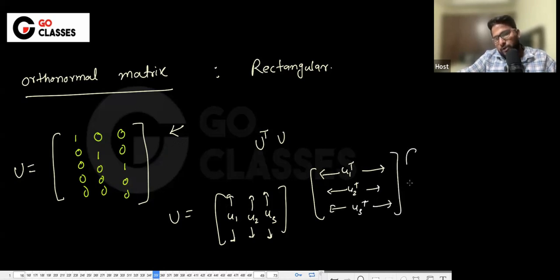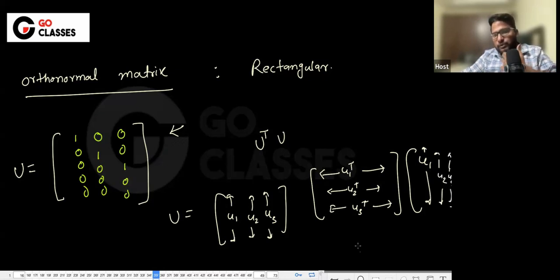So U transpose U will be this into this, which is one, and everywhere else it is zero.